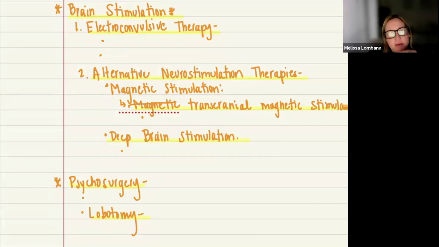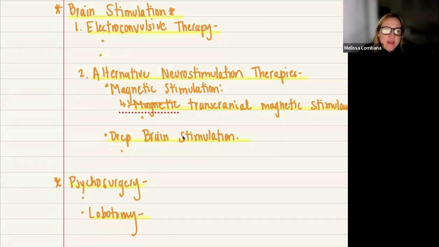And this one typically produces no seizures, memory loss, or serious side effects. So it's the one that's used a little bit more often. They are not sure how it works, but they're saying it helps certain parts of the brain be inactive that are always active with people that are depressed. Okay? And then there is deep brain stimulation.